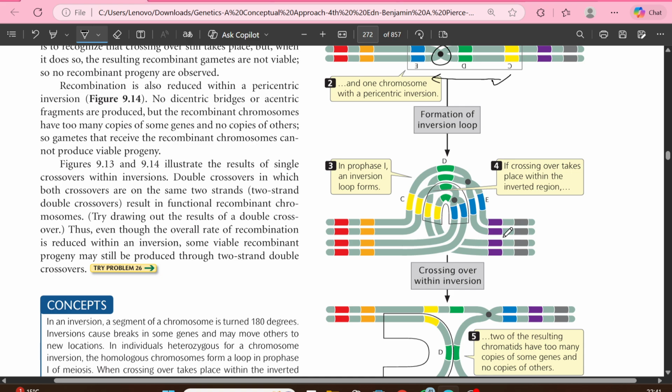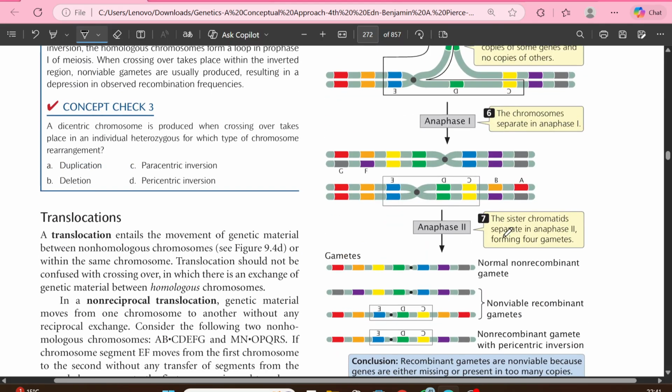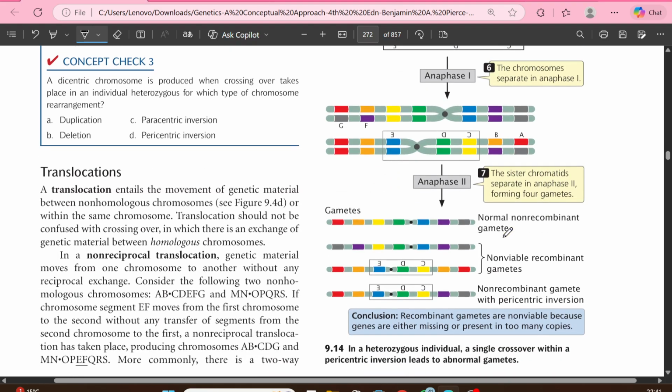Now again the crossing over will take place, and this time this kind of structure will be formed. Now if you try to observe it very carefully, this is a normal chromosome. See, both of the chromosomes are very normal. None of them is dicentric and none of them is acentric. Both of them are very similar and very normal chromosomes. But if you see, after anaphase 1 and anaphase 2, what happens?